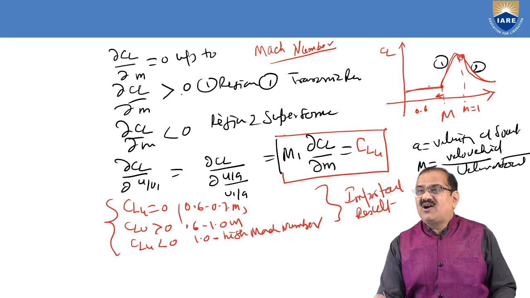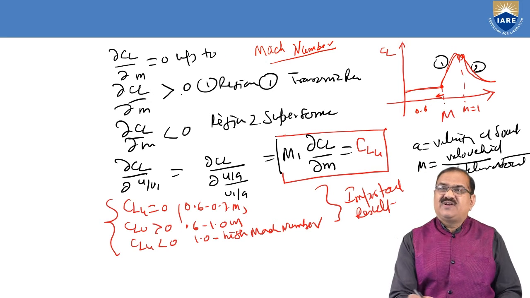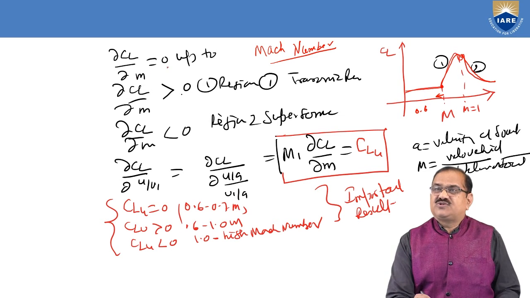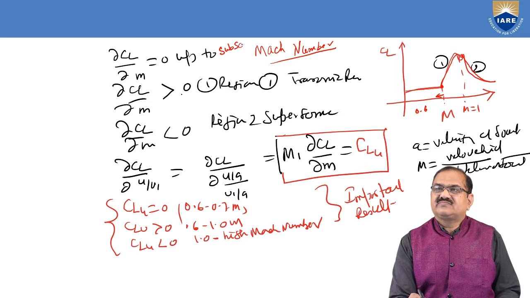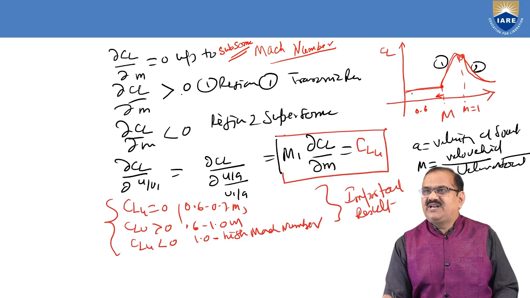Okay, so this is the plot of CLU. So if dCL by dou M is equal to 0, it means it is in the subsonic region. Okay, it is in the subsonic region, so it is subsonic.